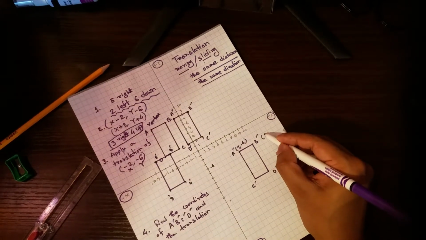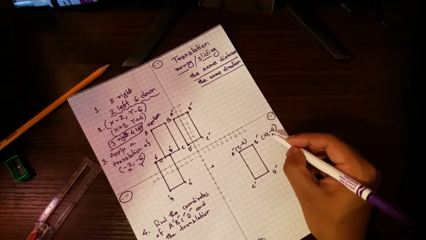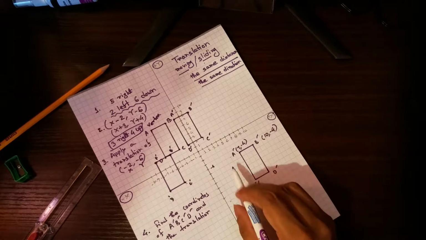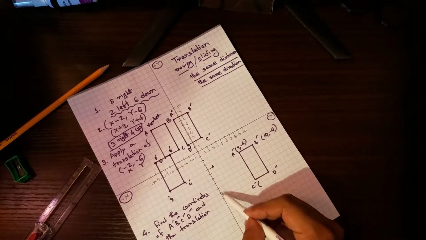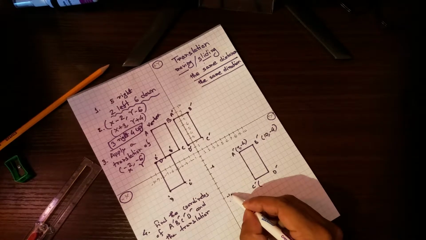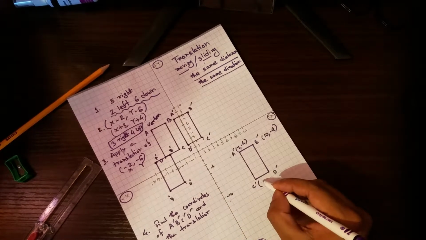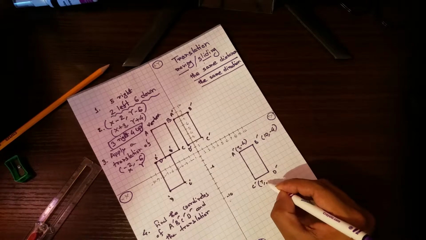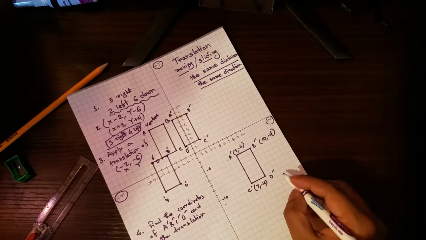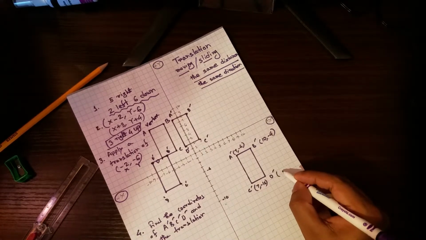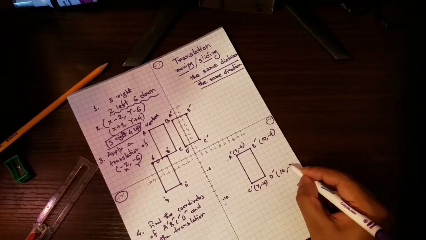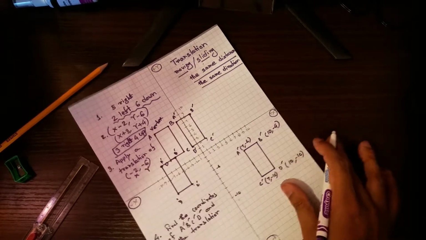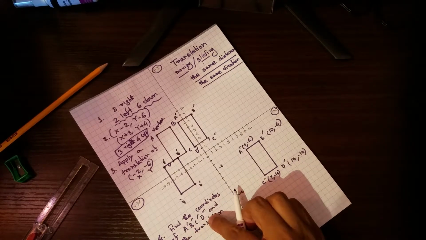This one is 10, -4, and your C prime, you can see you're here, so there's 5 6 7 8 9 10. So this one is -10, so this will be 7 and -10, and your D prime is 10 and -10. So that's the coordinates of your A prime, B prime, C prime, and D prime.